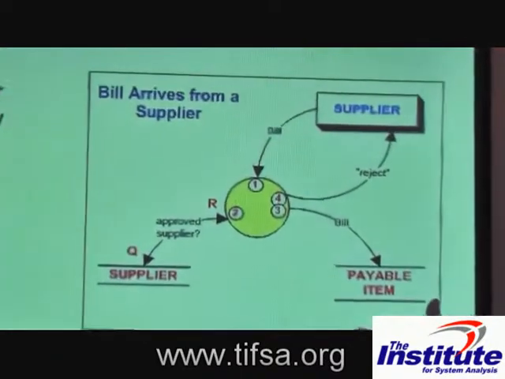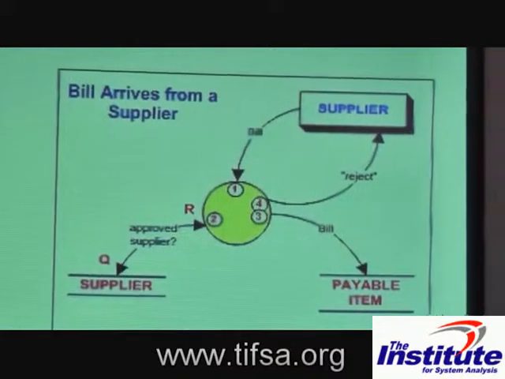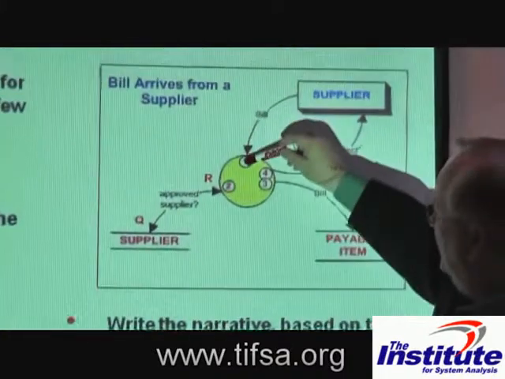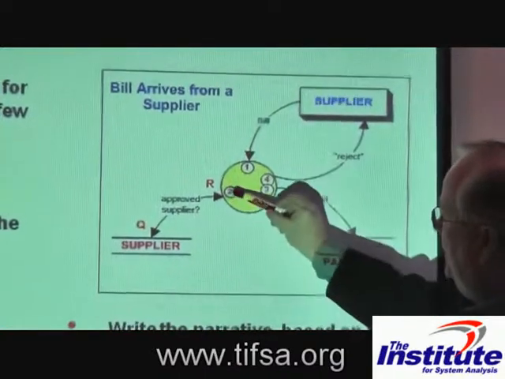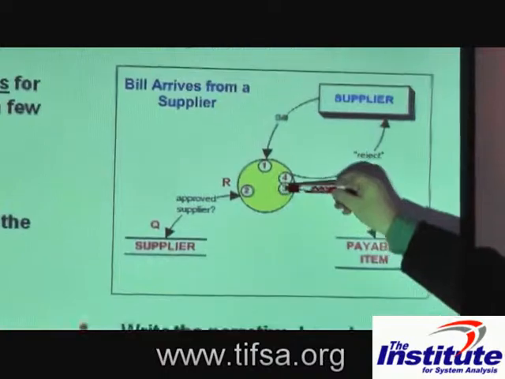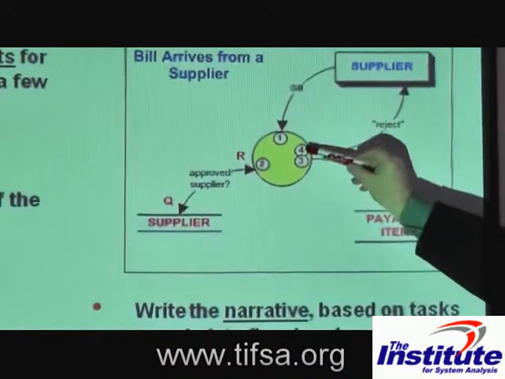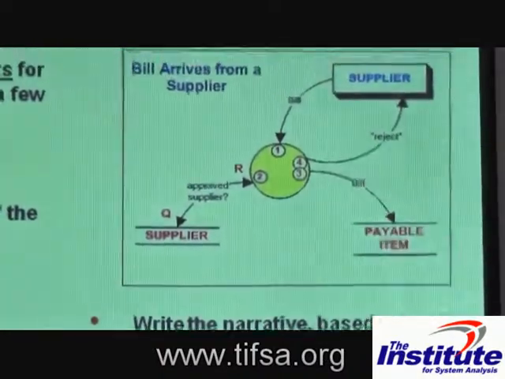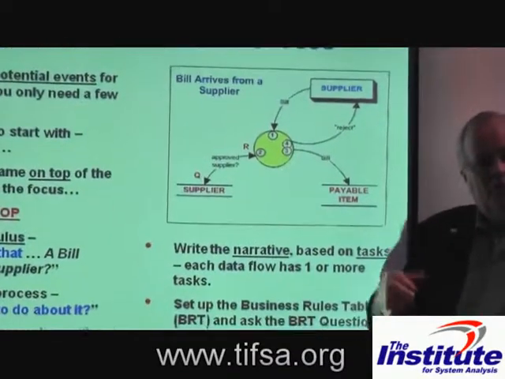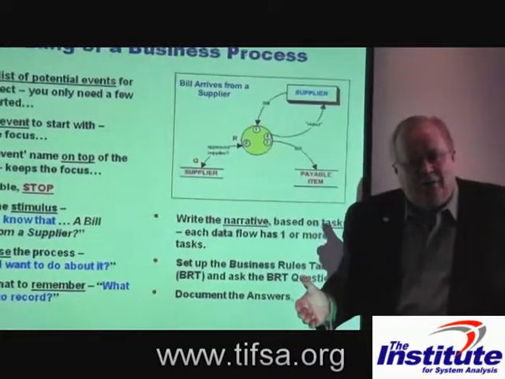It's not labeled yet. And then we write the narrative based on the tasks we identify. So we identify a task here with the data flow. Here we identify a task with this dialogue data flow. Here's another data flow. And here's another data flow. And we can write a narrative in point form or in any prose that you like.